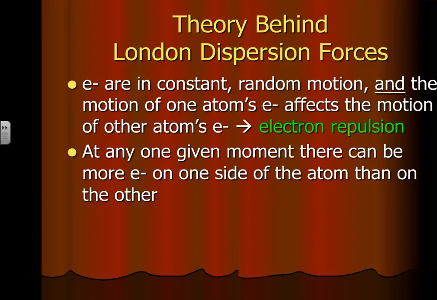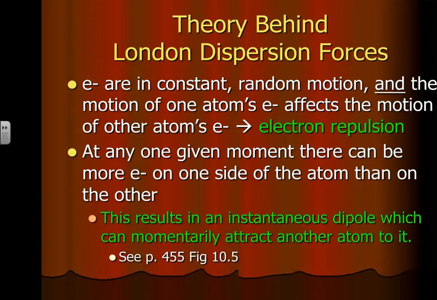It's simply chance, the way that you stop those in random motion, and you could end up with more on one side than the other. This results in what's called an instantaneous dipole. It doesn't last very long, hence the word instantaneous, but in that instant, if there are more electrons on one side and fewer on the other side, you're creating a negative side and a positive side.